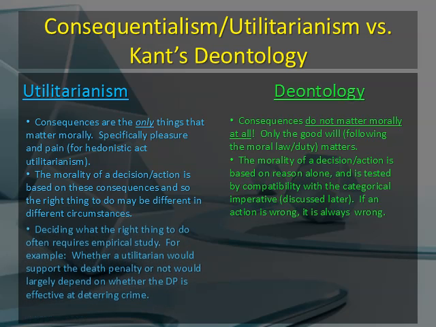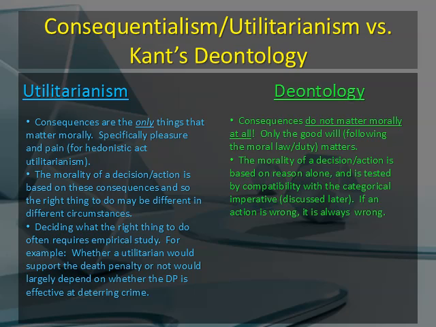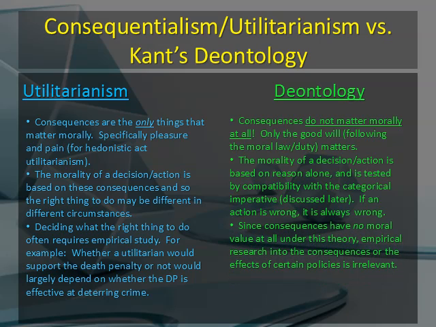For utilitarians, deciding what is right and wrong requires empirical study. For example, remember the case of trying to decide if a utilitarian would support the death penalty or not will largely depend on whether or not the death penalty is effective at deterring crime. For Kantians or deontologists, since consequences have no moral value at all under this theory, empirical research into consequences or the effects of certain policies is irrelevant.